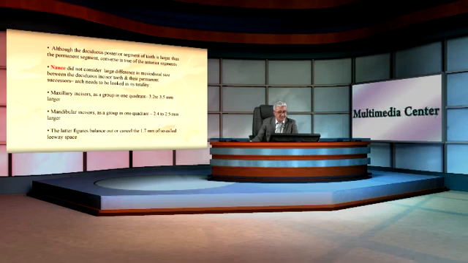Maxillary incisors as a group in one quadrant are 3.2 to 3.5 millimeter larger. Mandibular incisors as a group in one quadrant are 2.4 to 2.5 millimeter larger. The latter figure balances out or cancels the 1.7 millimeter of so-called leeway space.